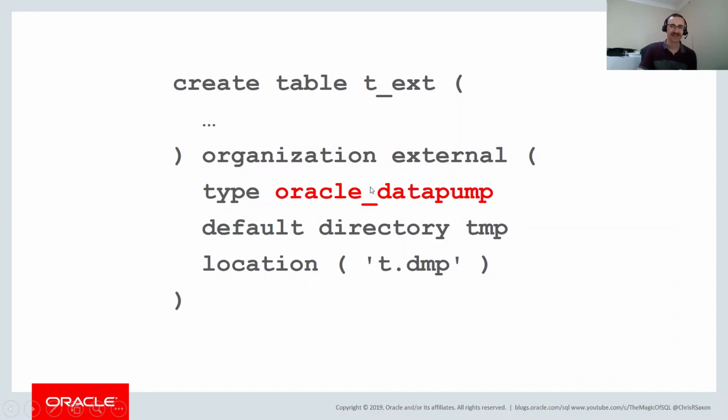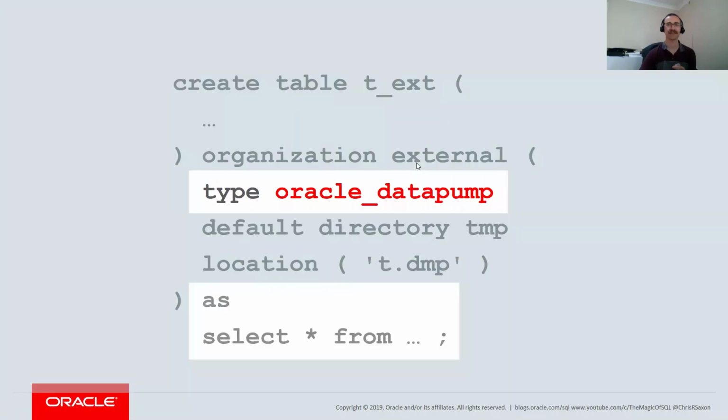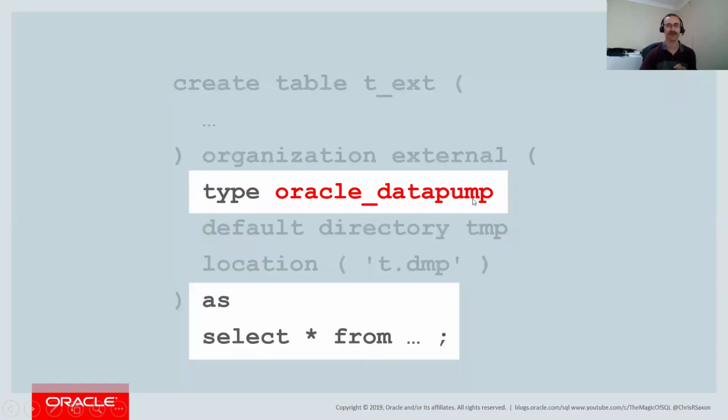Now, this brings us to the interesting and little-known option. You can actually use this Data Pump driver to unload data from your database. So we can do a create table as select using this Data Pump driver, and it will dump the contents of the result of this query into whichever file name you've specified.